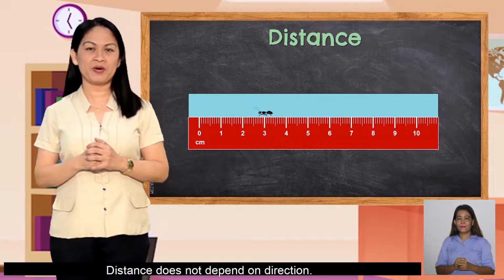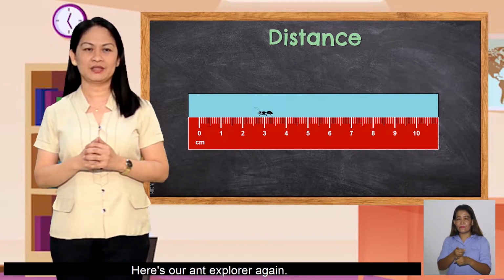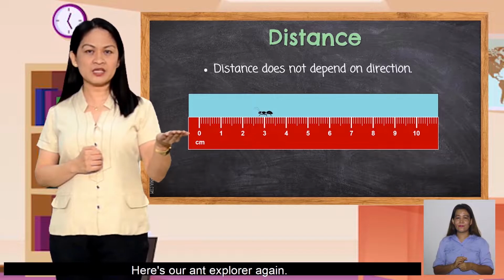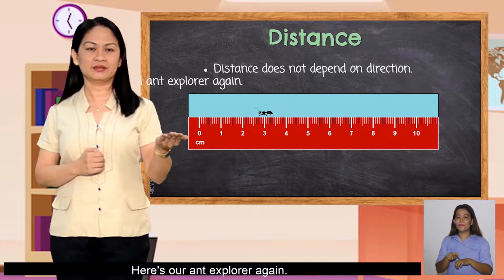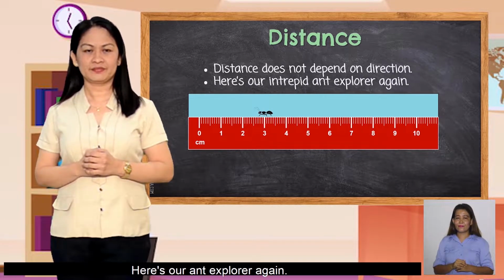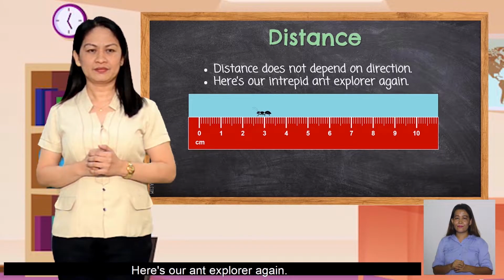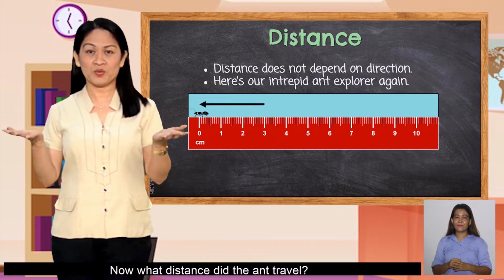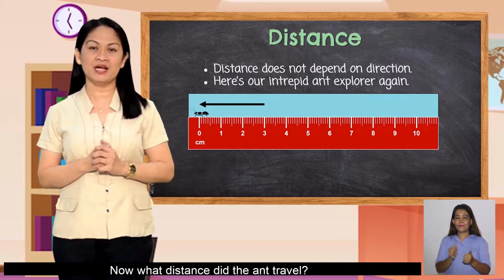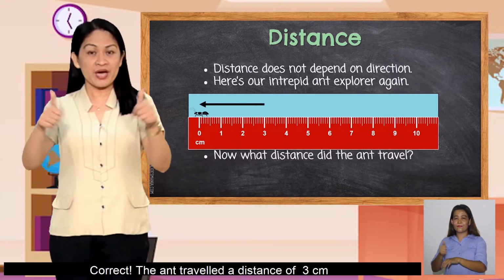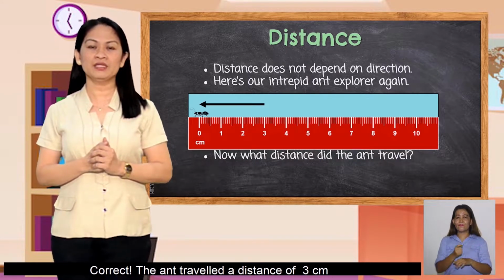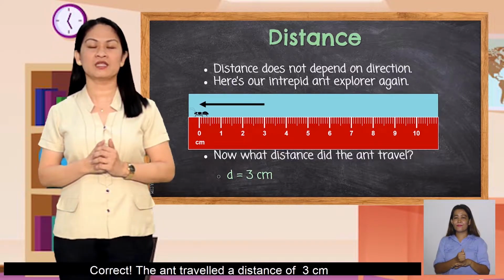Distance does not depend on direction. Here's our ant explorer again. Now, what distance did the ant travel? Correct. The ant traveled a distance of 3 centimeters.